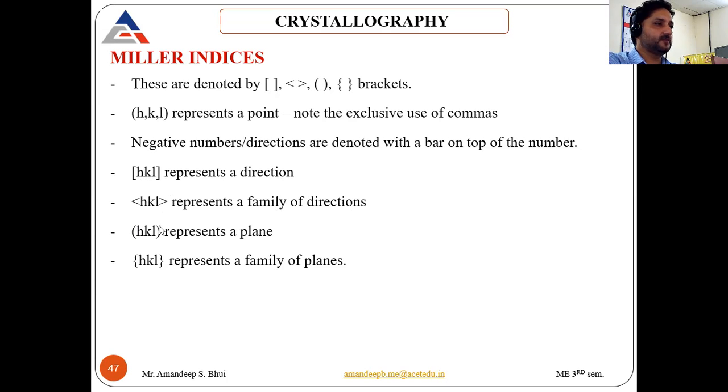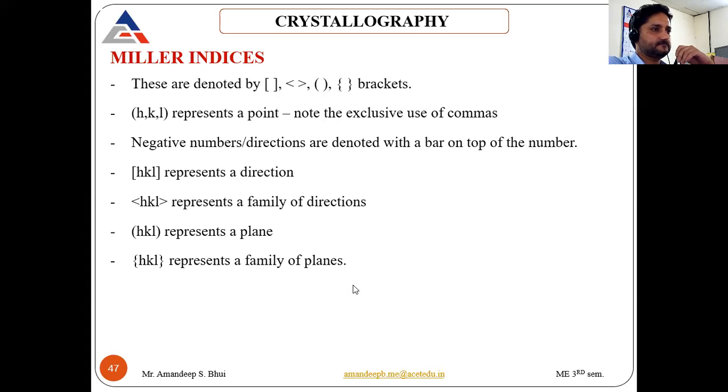Now, if we have normal brackets of HKL, it will represent a plane. What plane are we talking about? And if HKL is in between these curly brackets, it represents the family of planes. So this is the basic terminology that is used for describing the Miller indices and the significance of each bracket.